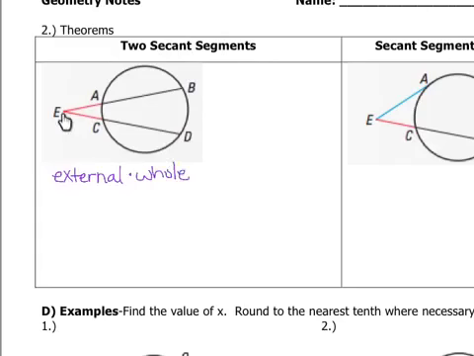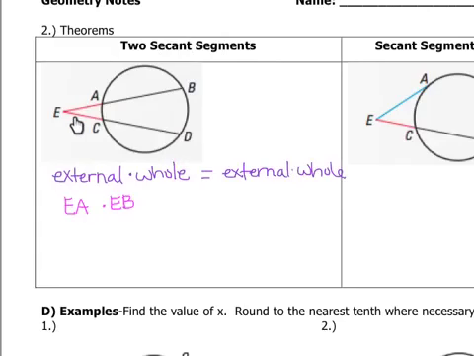So what that would be is EA, the external part, times the whole secant segment EB. So EA times EB, that's equal to the same thing on the other side, the external part times the whole secant segment.